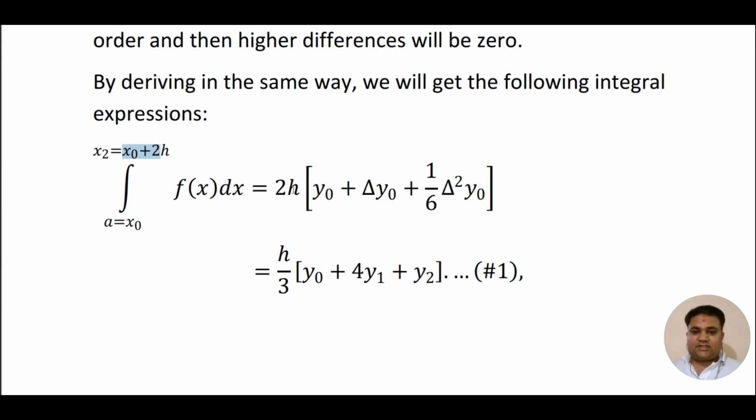For this integral, if you find the corresponding values, it will generate equation number 1: h by 3 times (y0 plus 4y1 plus y2). This is the value of this integral when you go with n is equal to 2.